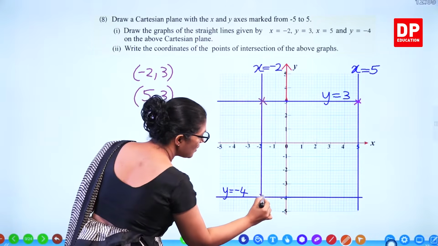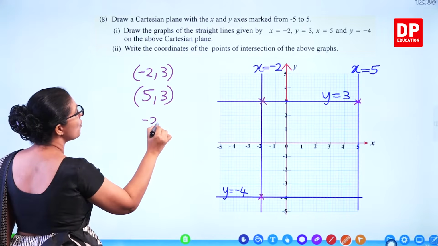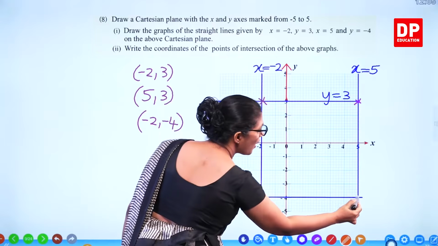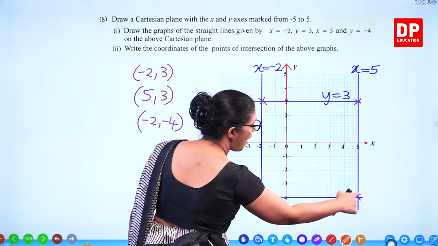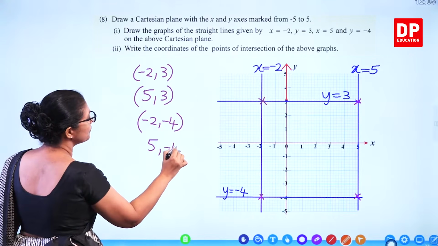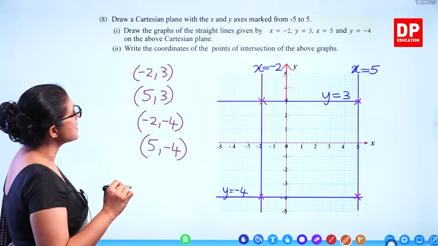What's the next one? This point: minus 2 with minus 4. And this point is 5 with minus 4. So those are the 4 intersecting points.